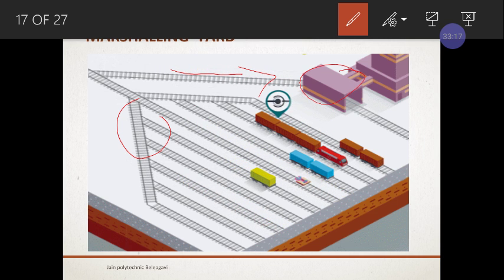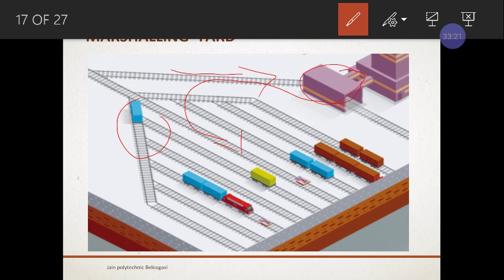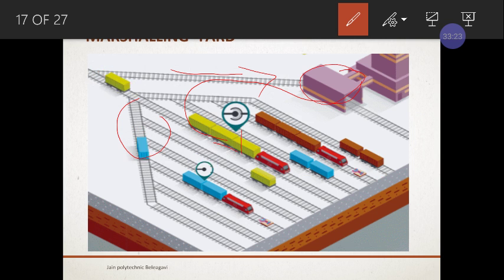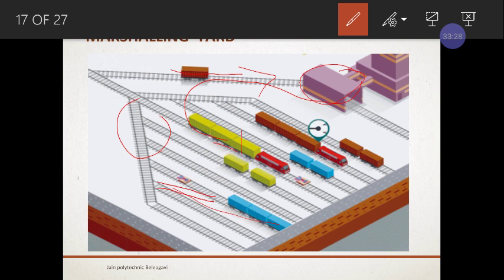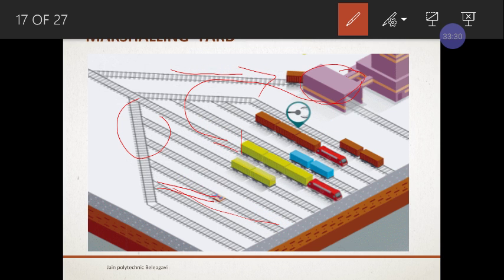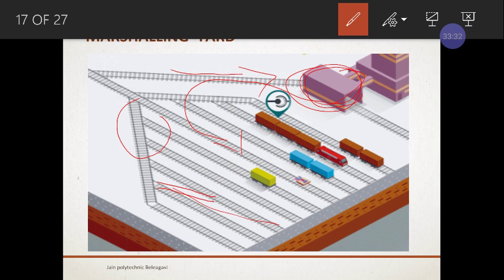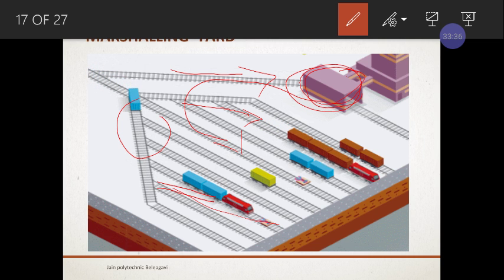Once the sorting is done, it comes and connects to the other bogies, whatever the requirements. There is an attachment, then it moves to the main lines. It goes for sorting, cleaning and servicing, comes back and gets connected to the other locomotives, and then goes to the main lines.